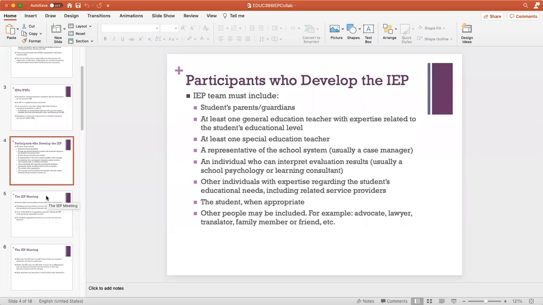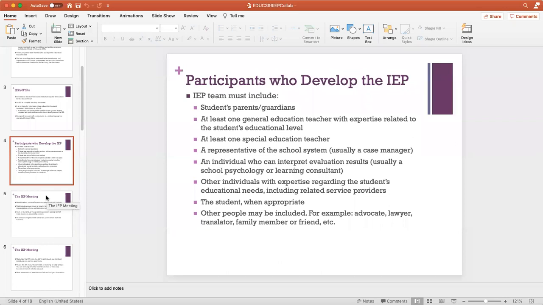So, people that we expect to see, or in some cases must, in some cases probably will see in the IEP meeting. Number one is the student's parents. IEPs are an agreement between the school and the parents.